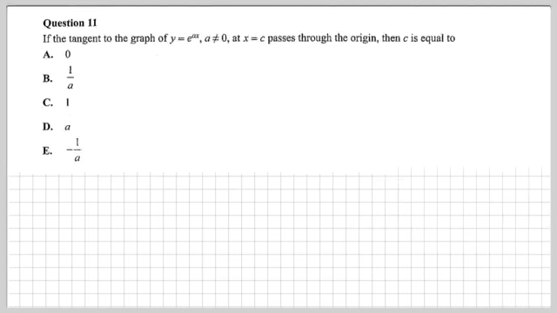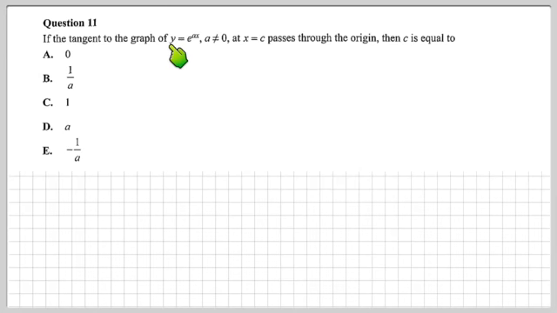Okay, question 11. If the tangent to the graph y equals e to the ax, where a can't be 0, at x equals c, passes through the origin, then c is equal to one of these. Oh dear. Well, with some of these, when you can't see clearly exactly what to do, you just make a start.